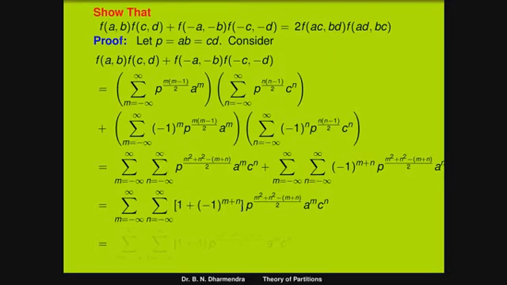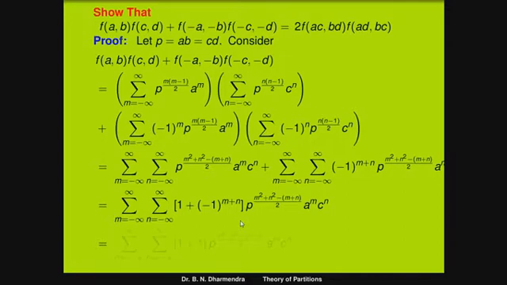Here the case appears in terms of odd and even, so I have to discuss the odd and even terms. If m plus n is even, minus 1 to the power of even is 1, so it is 1 plus 1, that is 2.